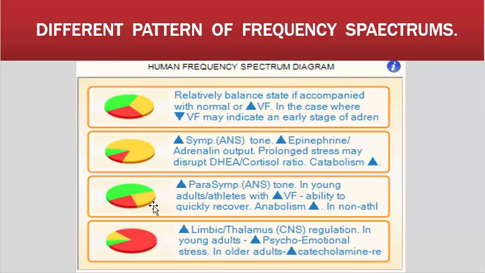But when we see this pattern with a low vital force and high stress, this is a sign of early adrenal insufficiency. And predominance of the VLF tells us that some neurohormonal regulation is taking over, and the limbic thalamic area is involved, and this is why we need to look a little bit more in depth into this area.